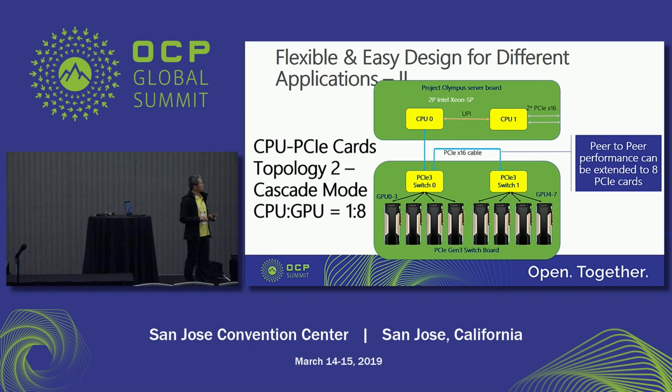Under this condition, the peer-to-peer performance between these GPU cards will be much better compared to the other mode. So it depends on your application need which topology you should adopt.